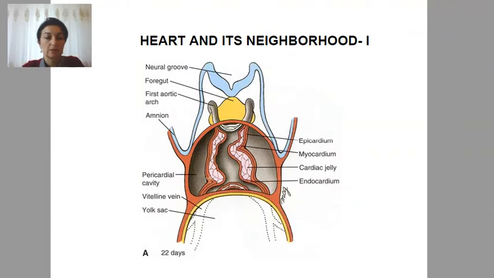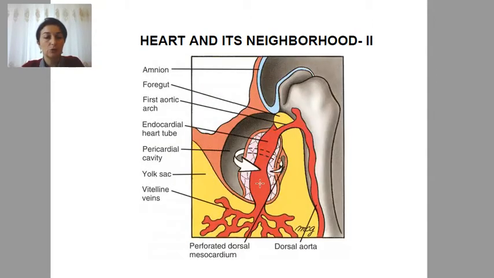These are two endocardial tubes. That is the stage before lateral folding, because after the lateral folding we will have just one tube.